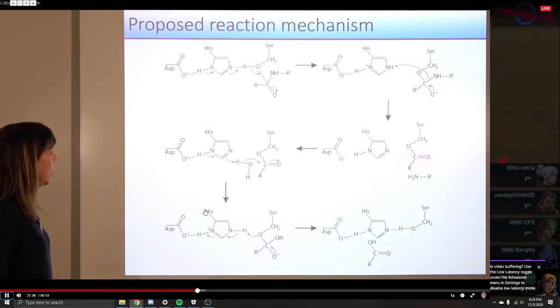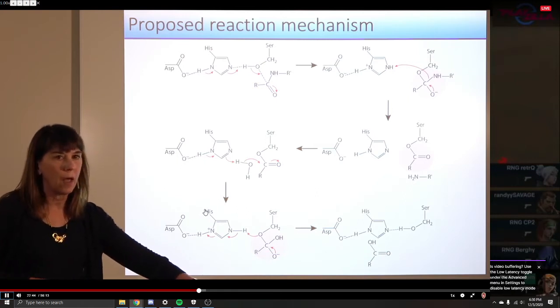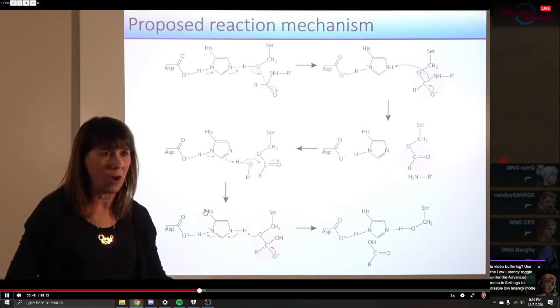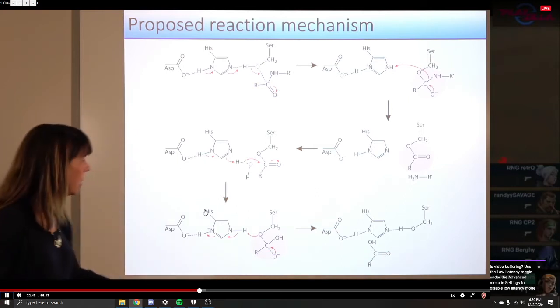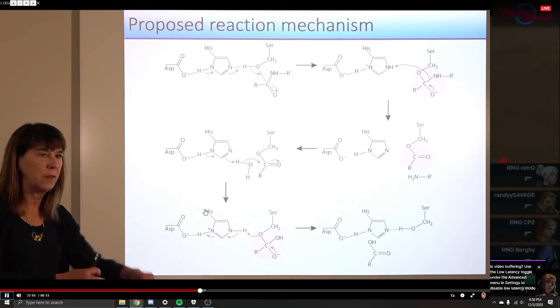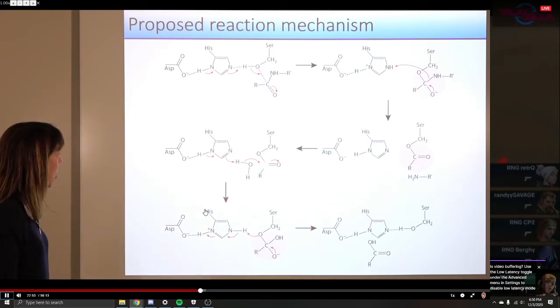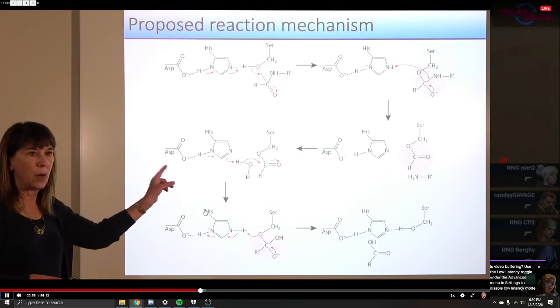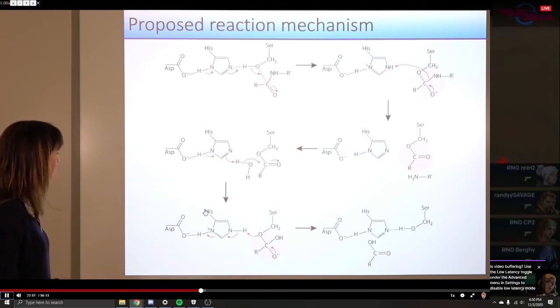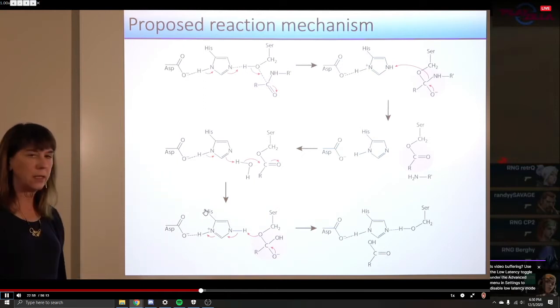And so now you've broken the peptide bond, except you have an acyl intermediate right here. So then what comes along is a water molecule comes in here, and the aspartate's pulling the proton off the histidine. The histidine is going to help to pull the proton off the water molecule, but it doesn't completely pull it off. You can't have a hydroxide going in. It's the concerted effort of these that allow it then to attack the carbonyl carbon here. This is now, remember, attached to the enzyme. You end up with another tetrahedral intermediate.